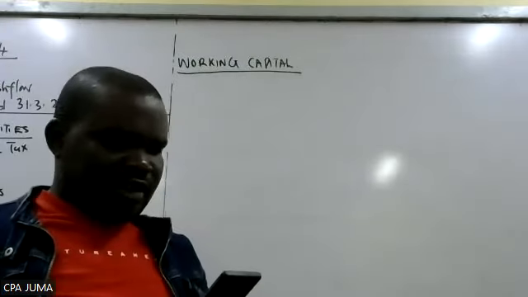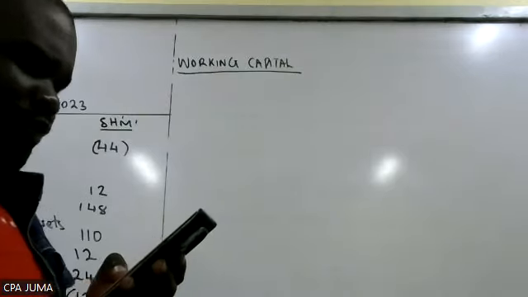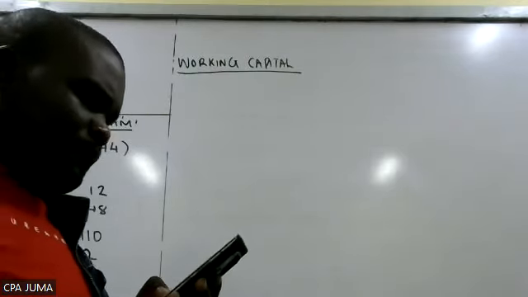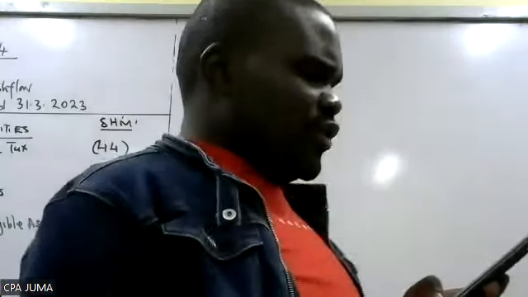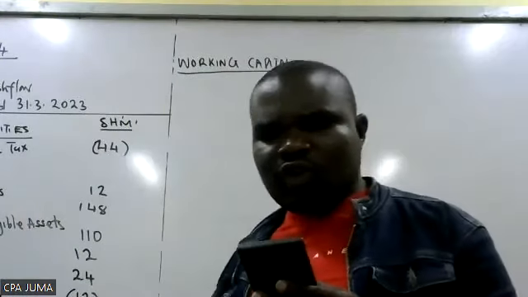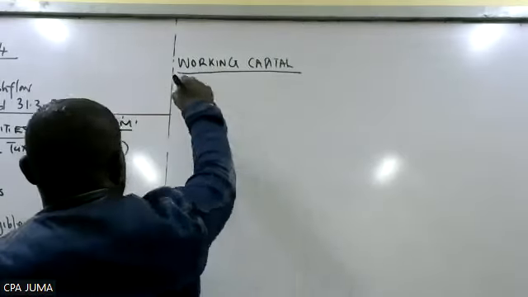So let's go to current assets. Inventory was 420 at the start. It went down to 350. That is a decrease. So tell me decrease of how much?